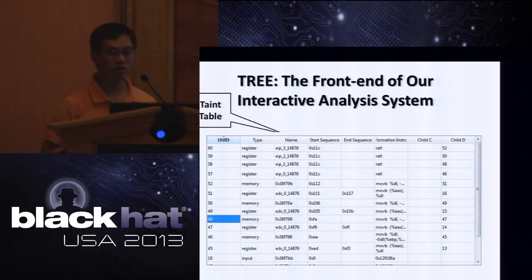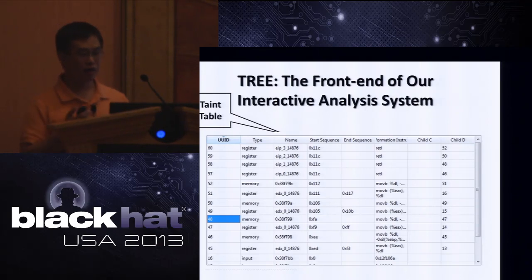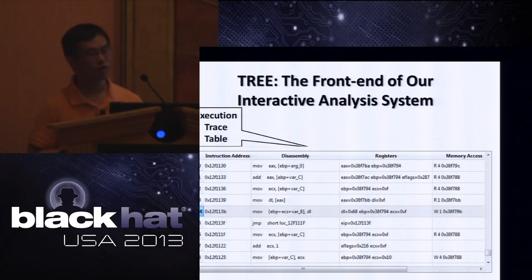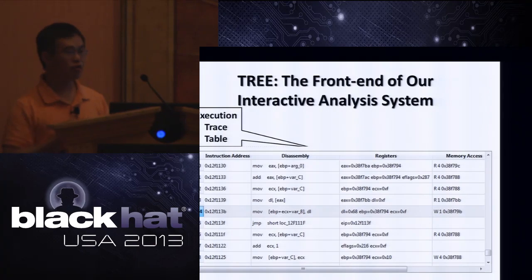So that's the end sequence. Usually you can see when the taint is gone. Also, we have the child node. You can click on the child node to highlight the entries in the Taint table. So it's a different way, but it has a little more information. Also, remember the sequence number I mentioned, that it can trace back to your original trace.